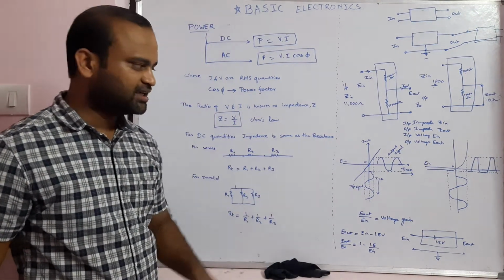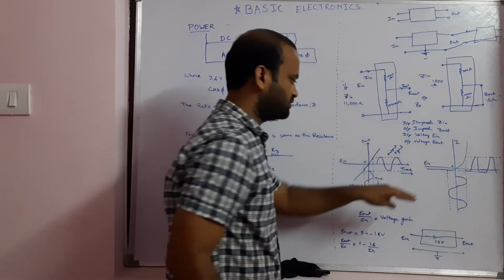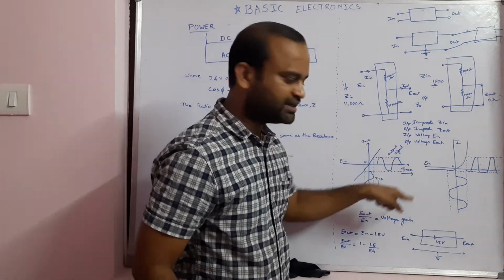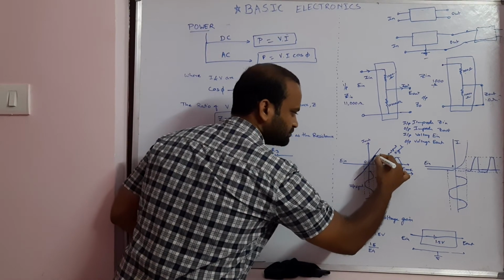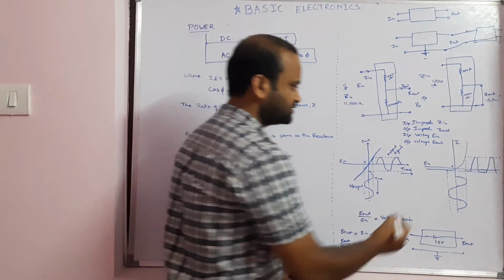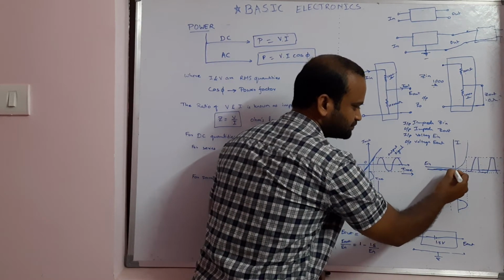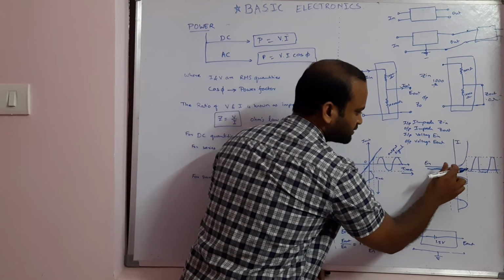Now consider if your VI characteristics, this is voltage and current, is non-linear. So here the characteristic is linear, and for this graph the characteristic is non-linear. So it is changing, right?